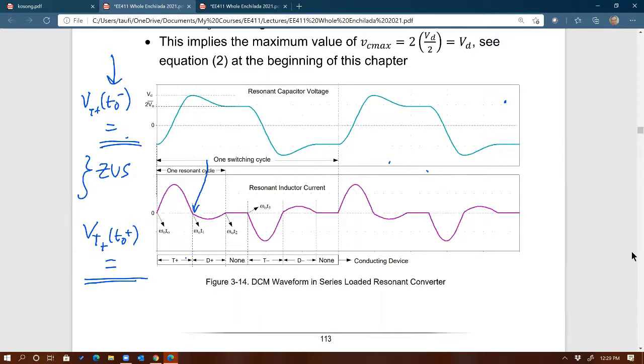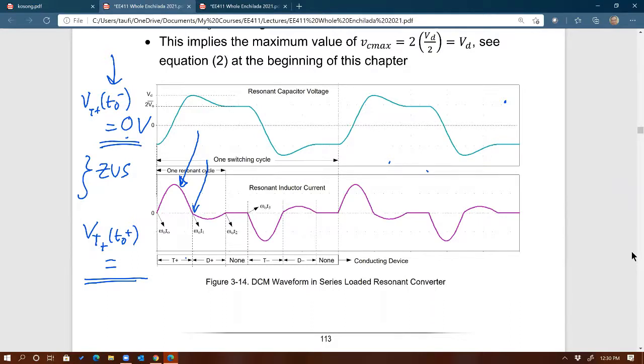All right. What's easy to find here between T0 minus and T0 plus, I would say is T0 minus, right? Because we know that the switch is still conducting. Right before we turn off, the switch is still conducting. It still has current, right? So therefore, I know that at T0 minus, voltage across the switch must be 0 volts, because it's still conducting, right, before it turns off.